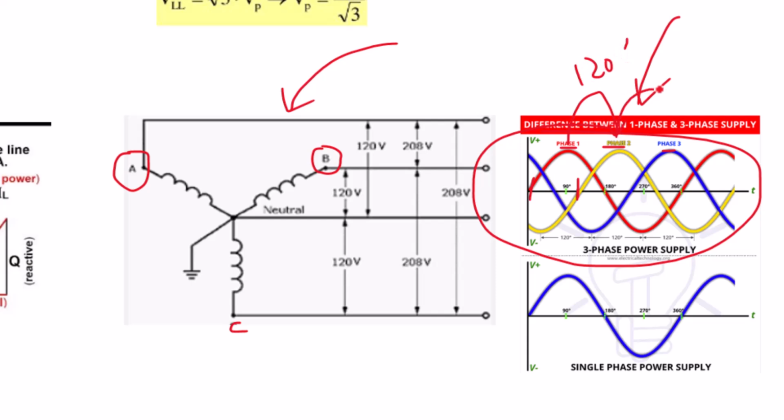So if you have 1, 2, and 3, that's going to be 120 three times, which is 360. So you're going to get each one of these offset by 120. So it's going to be 120 here, 120 here, and then 120 here.